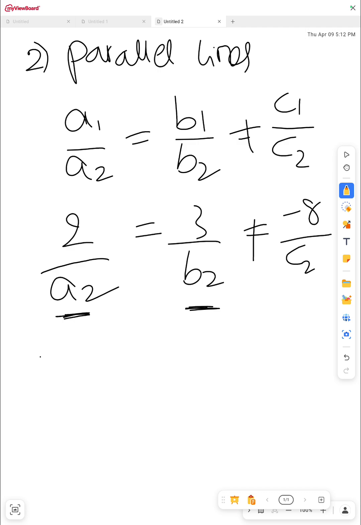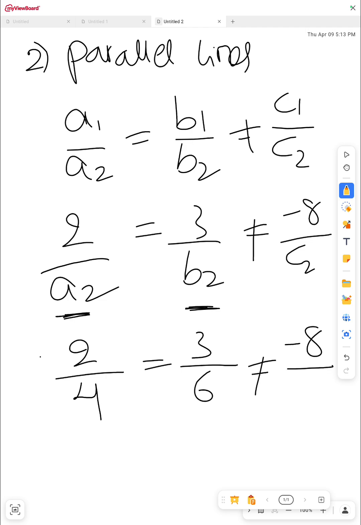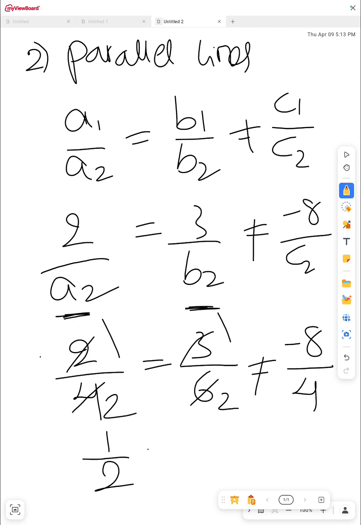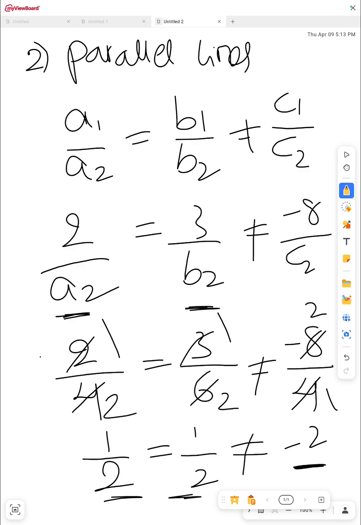So let's say I write randomly a2 as 4 and b2 as 6, and here I can write anything that is not equal, let's say 4. So 2 ones are 2, 2 twos are 4; 3 ones are 3, 3 twos are 6. Here we can see 1 by 2 is equal to 1 by 2, which is not equal to 4 ones are 4, 4 twos are 8, minus 2. So these two are equal, but this is not equal. In this situation, it is called parallel lines.